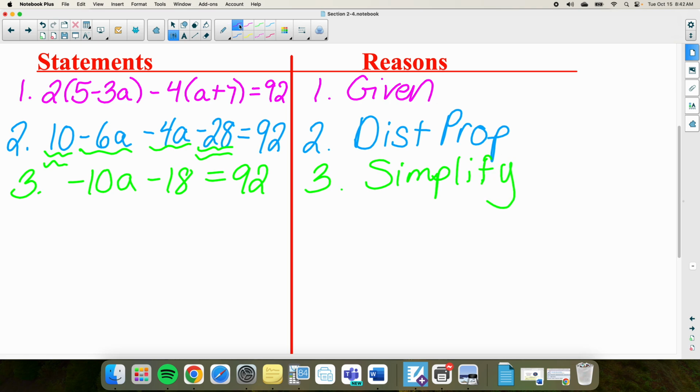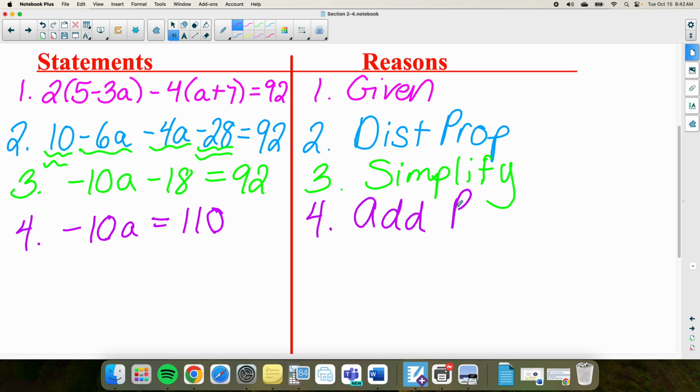All right, now if we look, we're trying to solve for a. What would we do next? Add, right? We'd add 18. So we'd get negative 10a equals 110. Okay. And that would be addition prop. Okay, and then what's the last thing we would do?